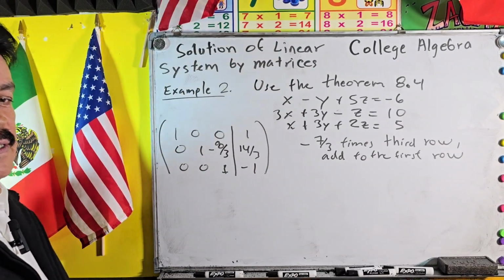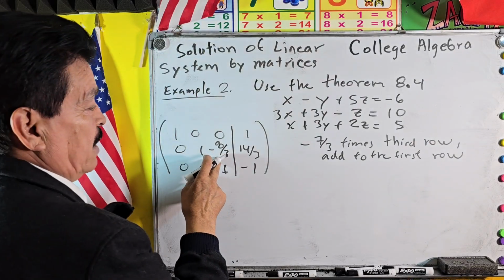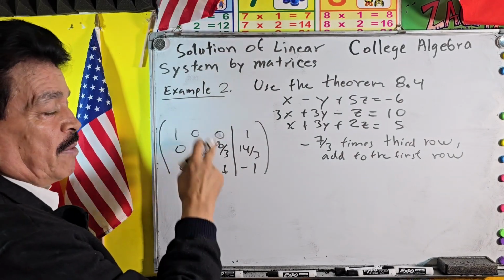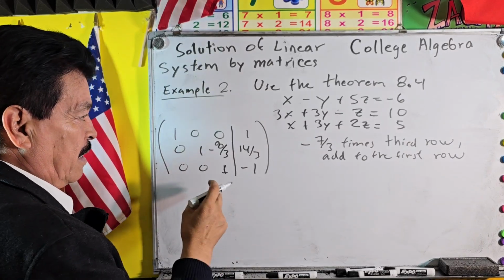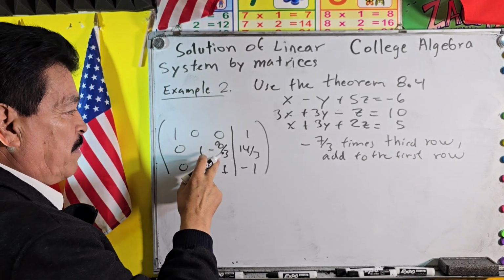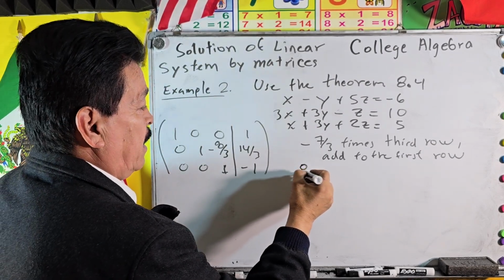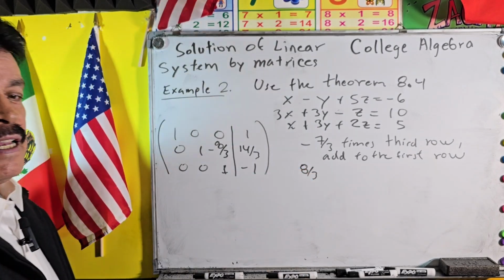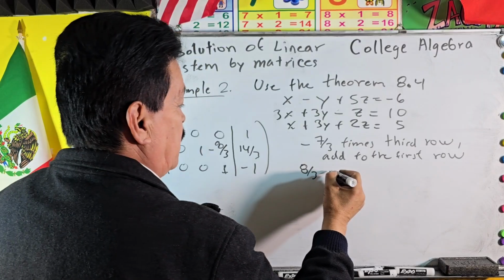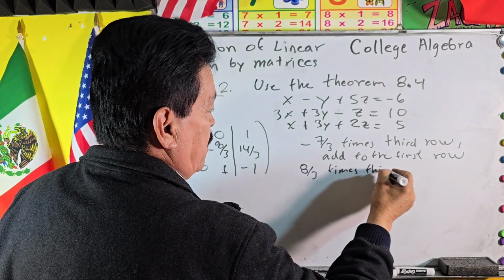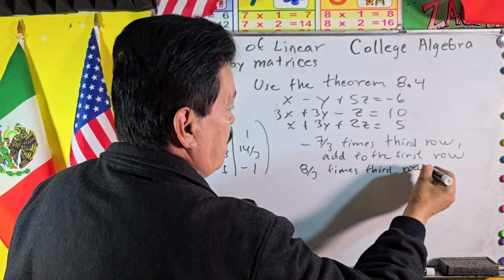Okay, now look at this. We need to take it out. This must be 0. Remember the focus that I wrote before. So now we have 8/3 times third row.